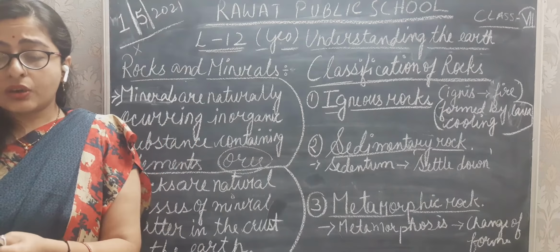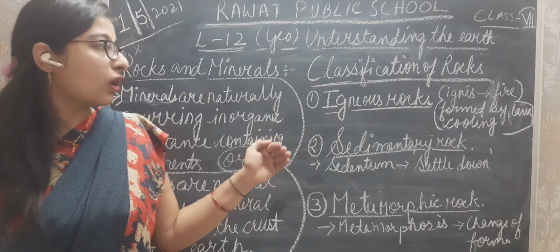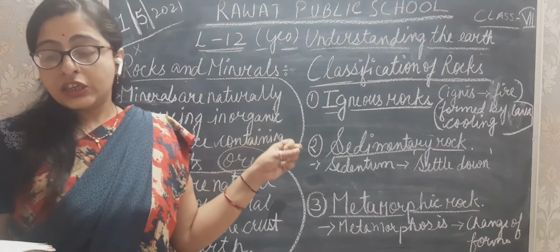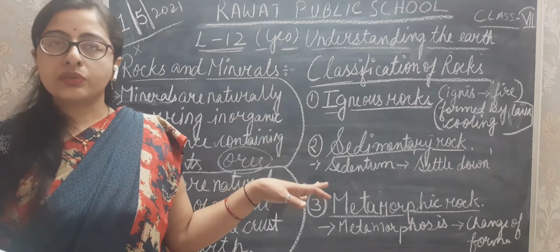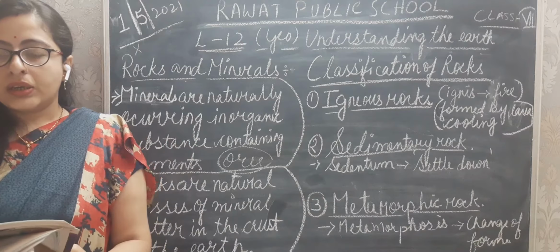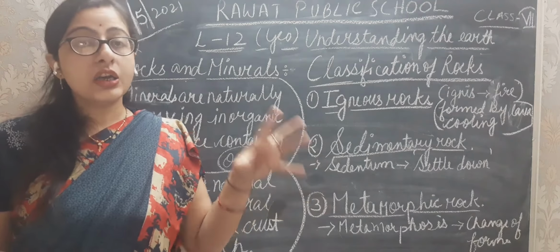Now, on the basis of origin, igneous rocks can be classified into extrusive volcanic rock and intrusive volcanic rock. Igneous rocks are usually crystalline in nature, and they are hard and compact.